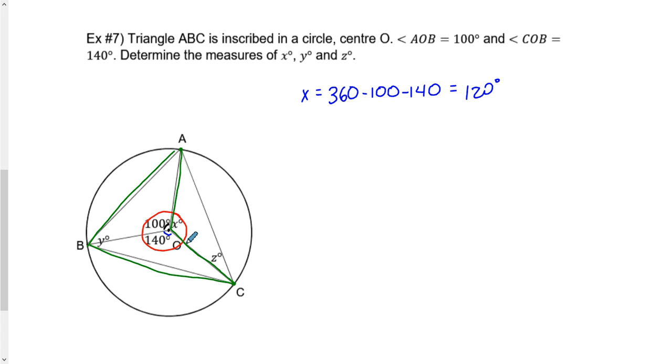Well, we know that the central angle is going to be twice the size of the inscribed angle. So angle X is double the size of what angle Y would be. So if we just take the 120 and divide it by 2, angle Y would be 60.